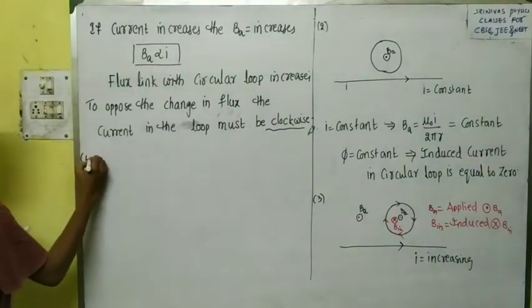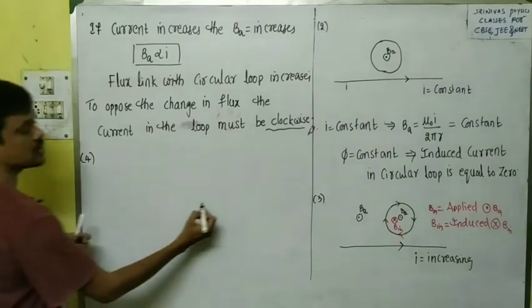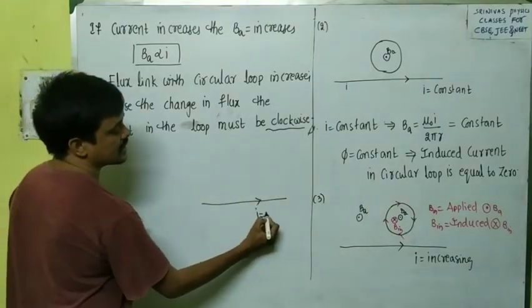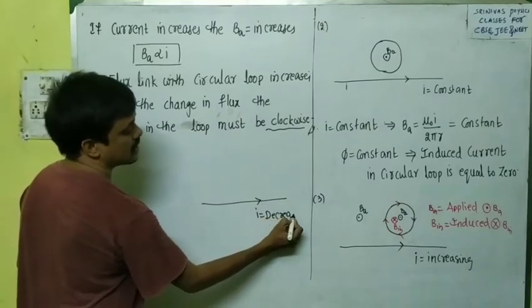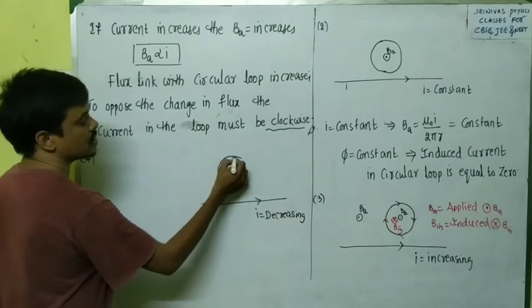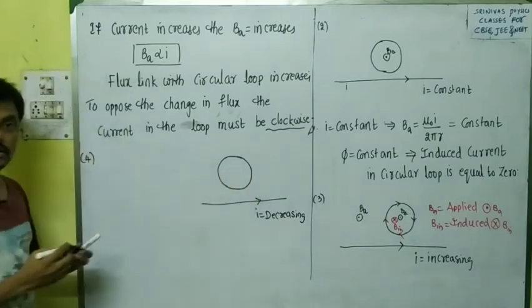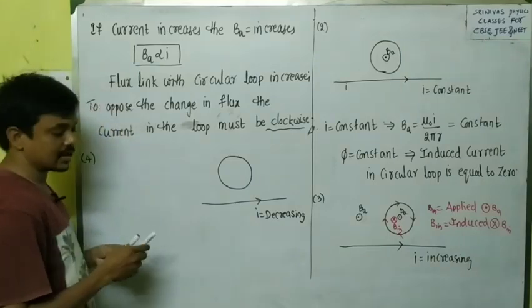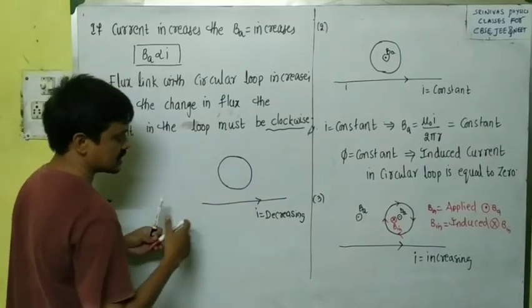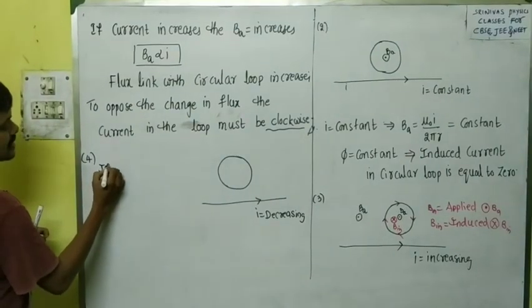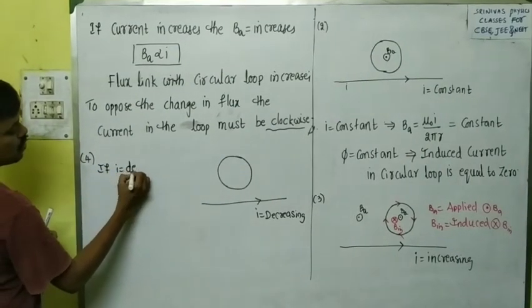This is the fourth point. You see here, this is the straight current carrying wire. The current is decreasing, then what happens? The current is decreasing, right? This is the circular loop. If the current decreases, then the applied field decreases, because if I decreases, what happens?